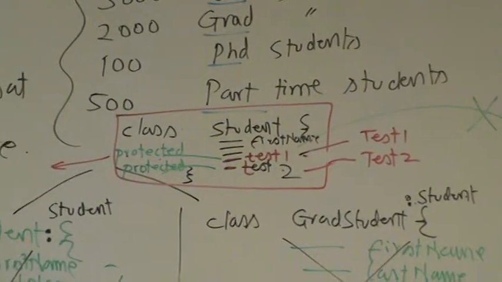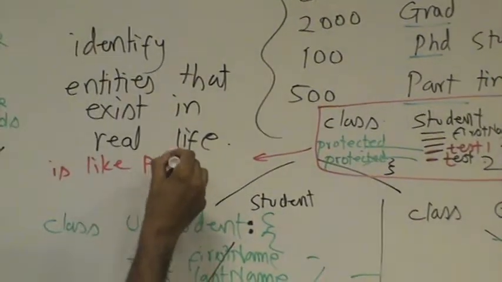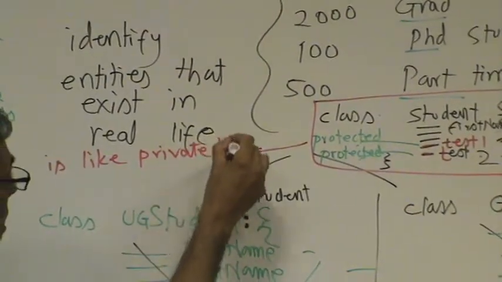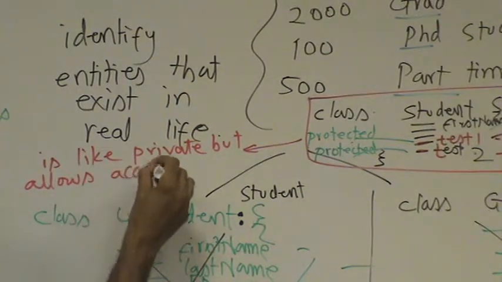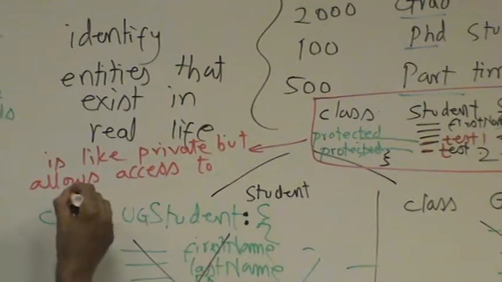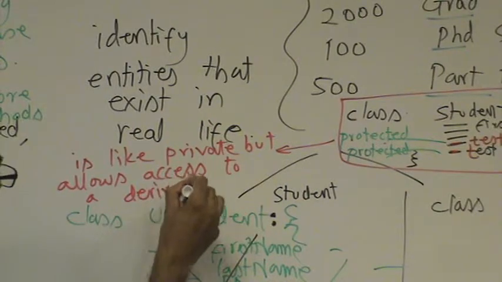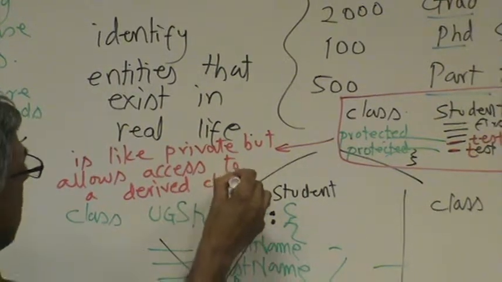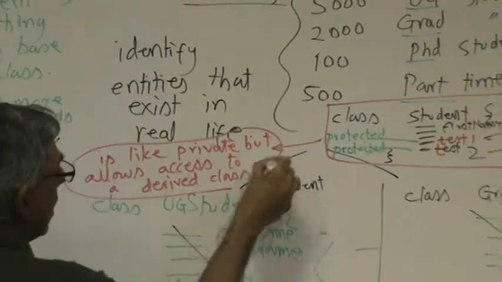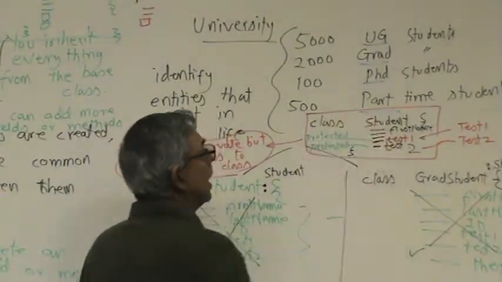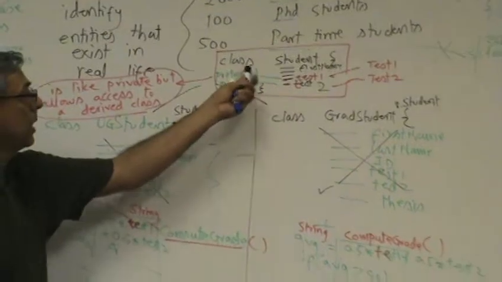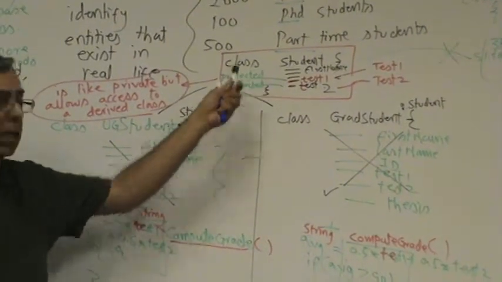So protected, once again, is like private, but allows access to a derived class. Okay, now in the object-oriented terminology, when we take out the common things and put them over here, this is called the base class, okay?